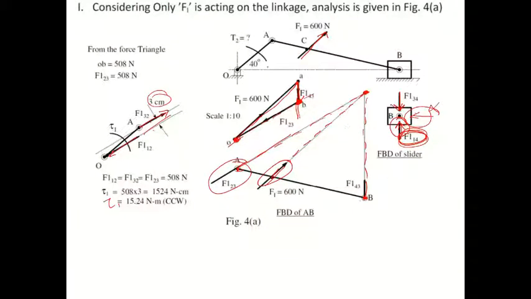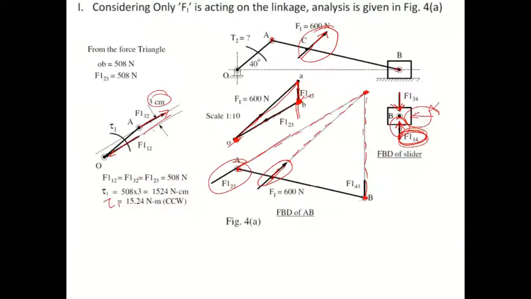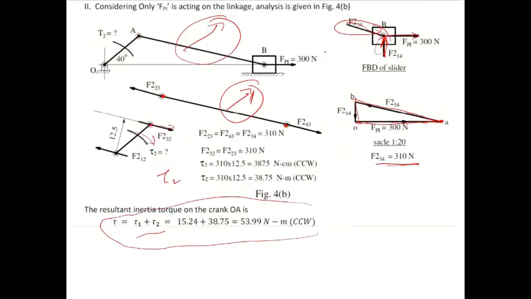Here we have included the inertia force on the connecting rod, but in the second case, we are not including the inertia force on the connecting rod. Separately we are doing it. First, for the connecting rod, we are doing it by including the inertia force. Second, for the piston, we are including the inertia force and doing it.